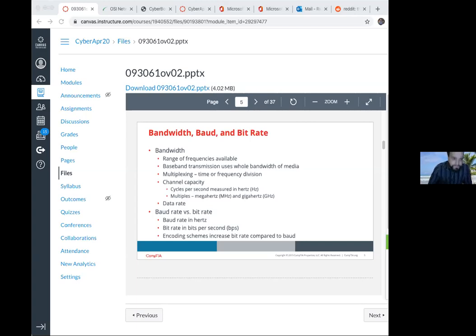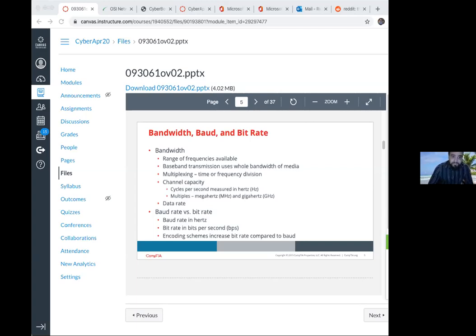When we're discussing channel capacity, they measure bandwidth in something called hertz, and that represents the number of signaling cycles that can be completed a second. We could have 1 per second, and that's 1 hertz. Then we can have thousands per second, which would be a kilohertz, millions, which is megahertz, and billions, gigahertz.